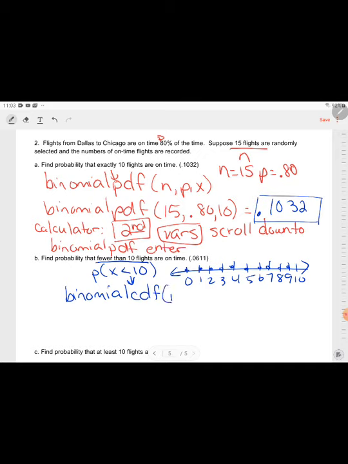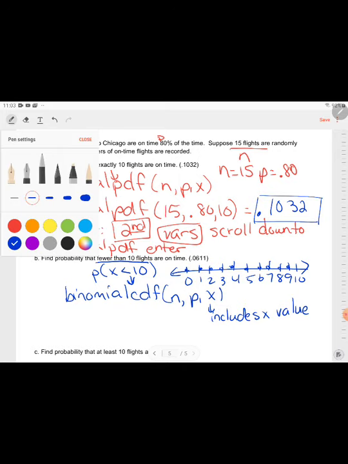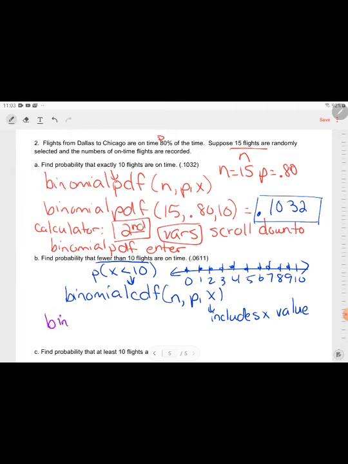Binomial CDF of NPX. And what's a little tricky here is the X will be included. So we don't want to include the 10, so we won't use 10. So we're going to do a binomial CDF of 15, 0.8, and 9.